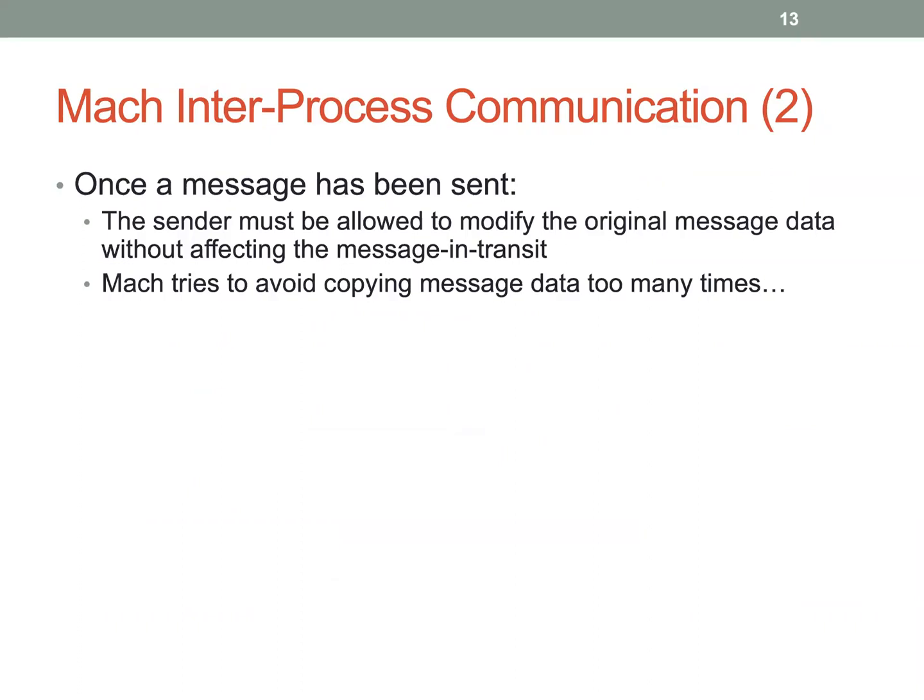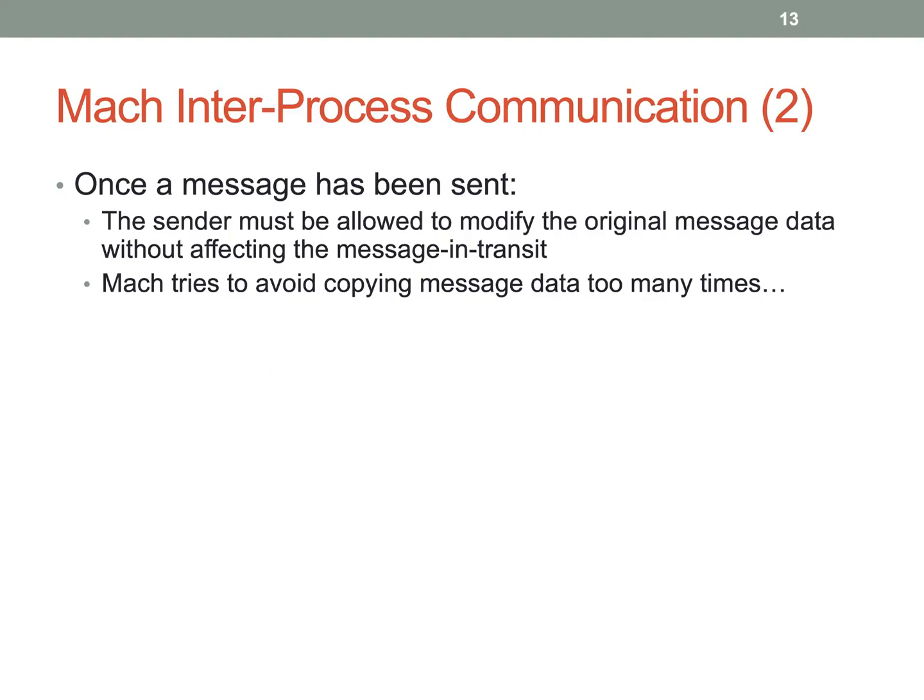So this presents a challenge because the kernel either has to do something magical with virtual memory so that if the sending process wants to modify that message in place, the kernel somehow presents the abstraction that it's not changing what the kernel sees or what the receiving process sees, or it's got to actually make a copy of the entire message. And that copy is going to be slow. Okay, so this is the challenge that you have.